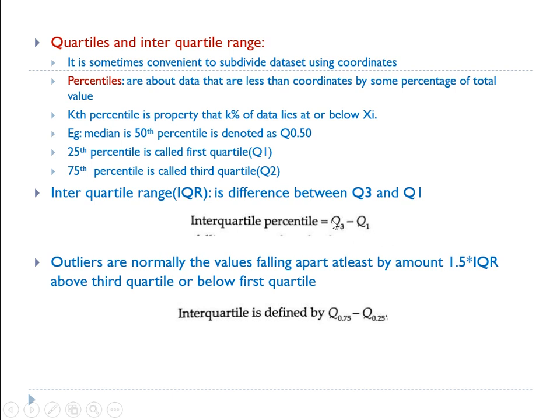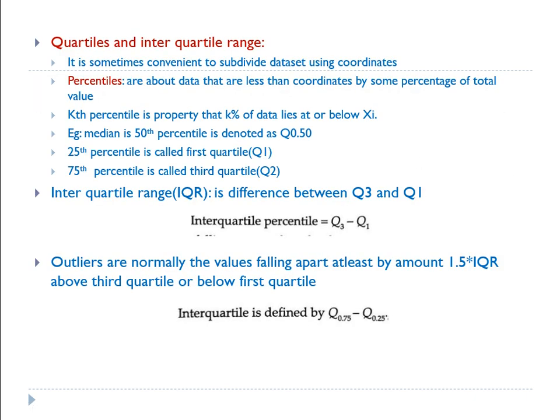So you have already calculated your IQR, multiply that by 1.5. That gives us the outlier definition. So the interquartile range is Q3 minus Q1, and outliers have to be apart by 1.5 times the IQR. We will do problems with respect to this in the next session.